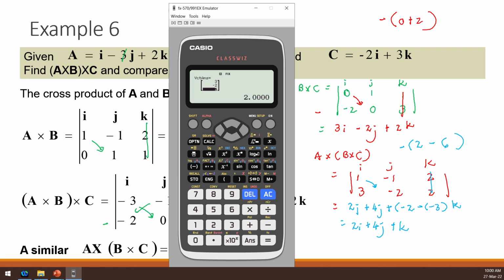And then I want A cross vector answer. So I clear first. So I call number 3. B cross C is stored in vector answer. So option, find back the vector answer is 1. So 2I plus 4J plus K.